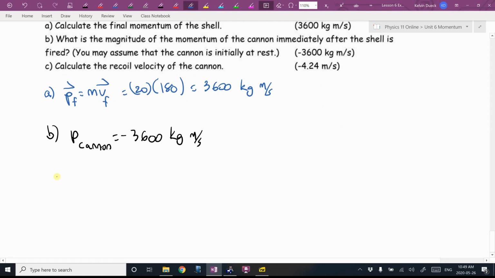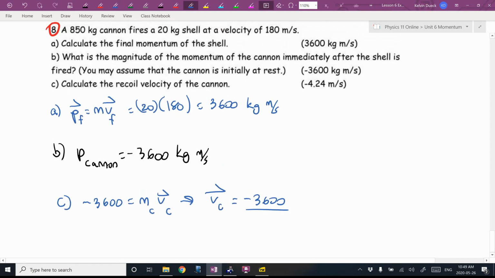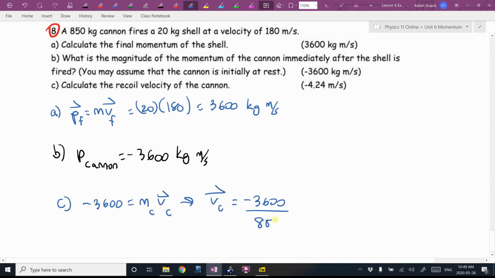C says calculate the recoil velocity. Okay. Well, negative 3,600 equals mass of the cannon times velocity of the cannon. So velocity of the cannon is going to be negative 3,600 divided by the mass of the cannon, which was 850.